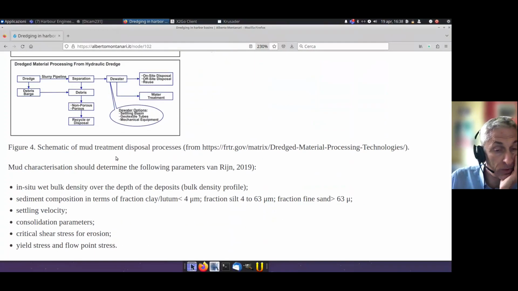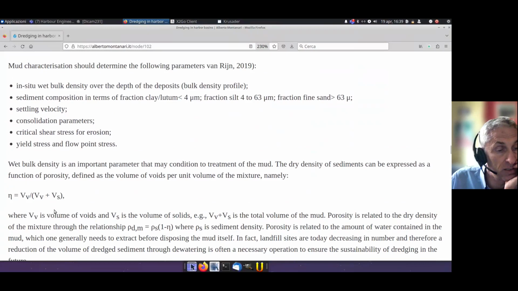Now, to give you an example of what parameters may be monitored to perform the characterization of the mud, we usually monitor the in situ wet bulk density over the depth of the deposits, the sediment composition in terms of fraction of clay, lutum, and the settling velocity, the consolidation parameters, the critical shear stress for erosion, and the yield stress and flow point stress.